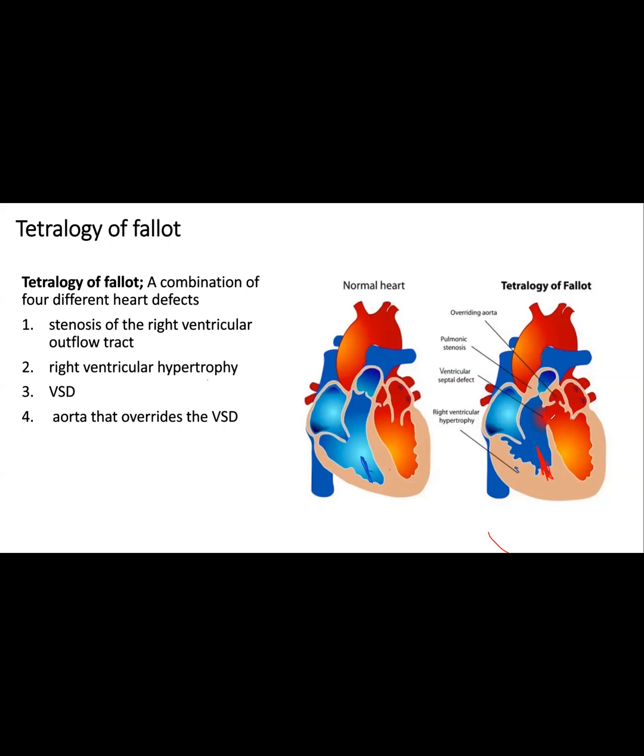But in the tetralogy of Fallot, you can also find VSD, which is here, like there's an opening between the right and the left ventricle. So in this case, the oxygenated blood is shunted from the left side to the right side because the pressure on the left side is higher than the pressure on the right side.